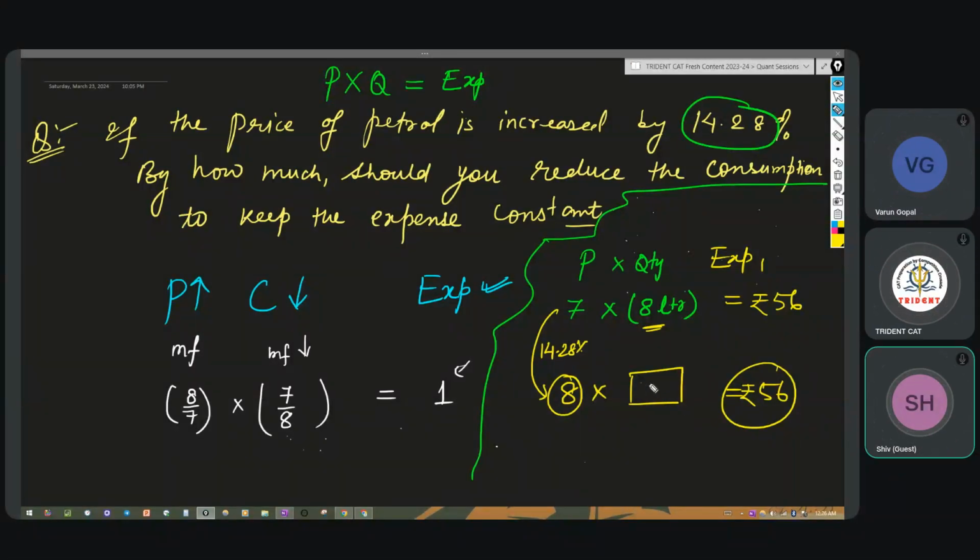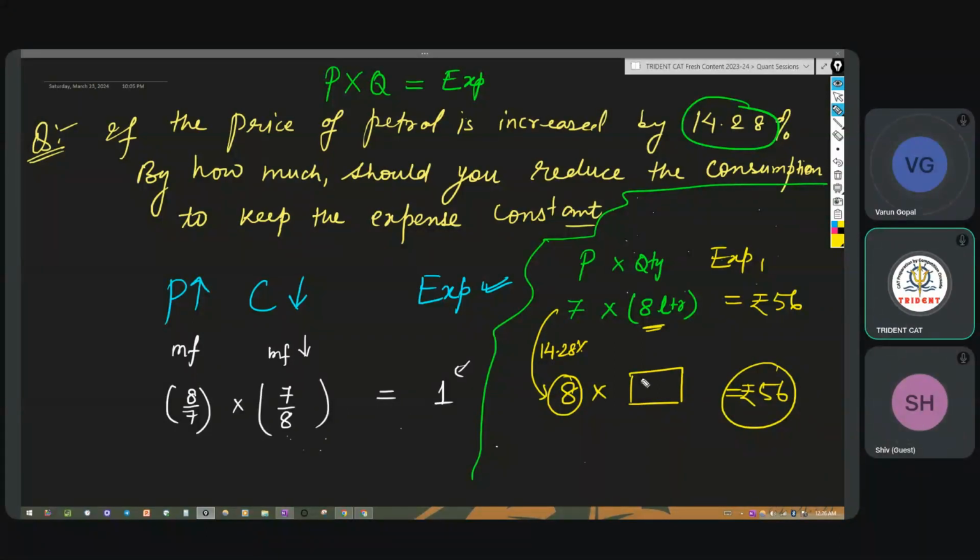Initially the price was 7 rupees per liter, and the quantity we were buying was 8 liters, and the expense we incurred was 56 rupees. But since the price has a 14.28% increment, the expense has to remain the same.